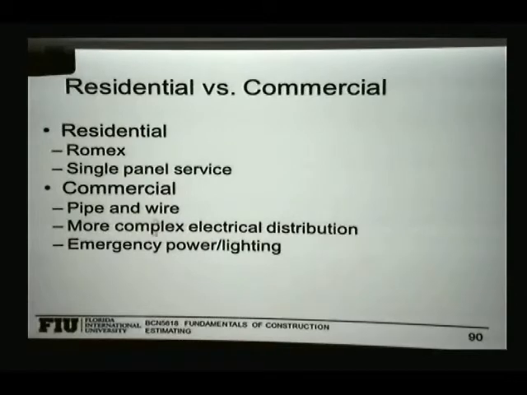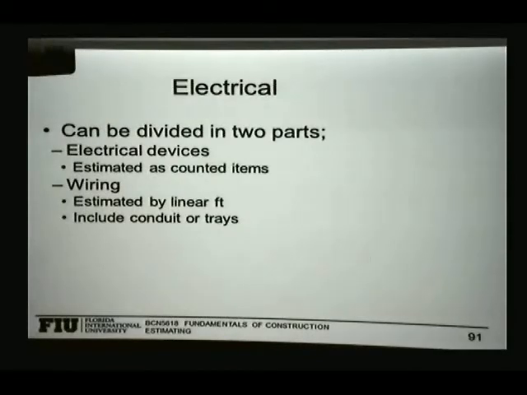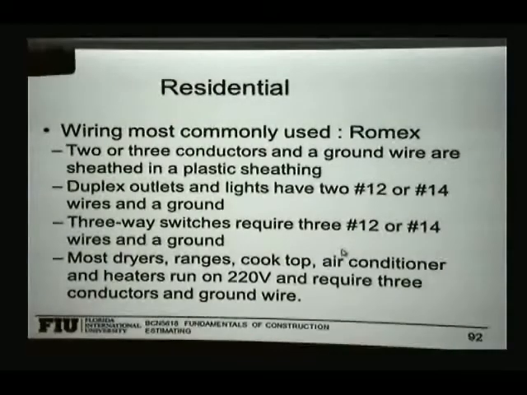These are different types of cables. You may have Romex, or you may have electrical distribution from the panels. Normally, what you do is you estimate linear feet of cables from the point of use to the panel, and then include conduits or trays depending on what you're running.